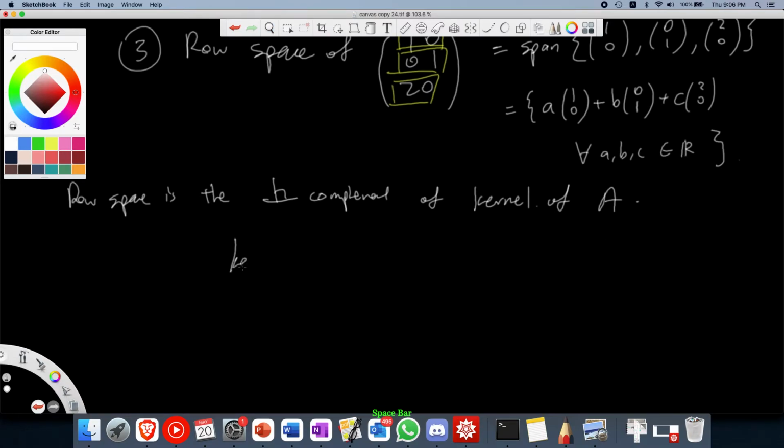The kernel of A is defined to be all the vectors in the domain, which is Rn, such that A of v equals the 0 vector.